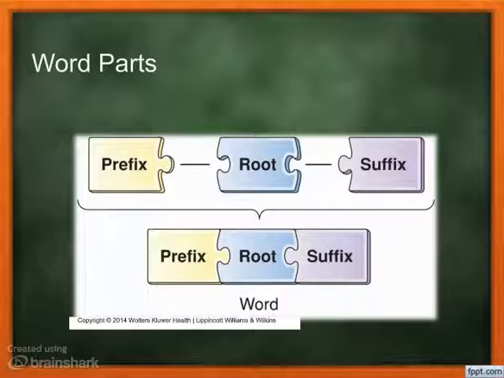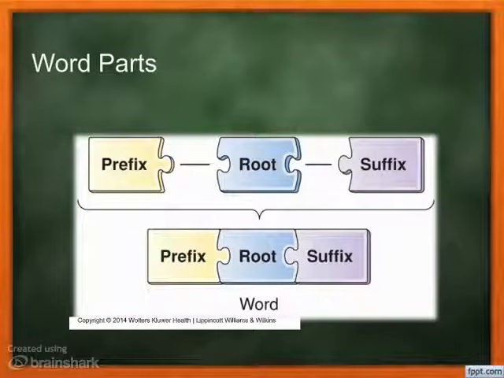Or you can take a word and deconstruct it to figure out what the root is. Now you know what you're talking about as far as the big picture or the body part. And then as you know or begin to learn those prefixes, you'll have a better idea of what the topic is, and if it has a suffix, you'll have a better idea of what the whole word means.